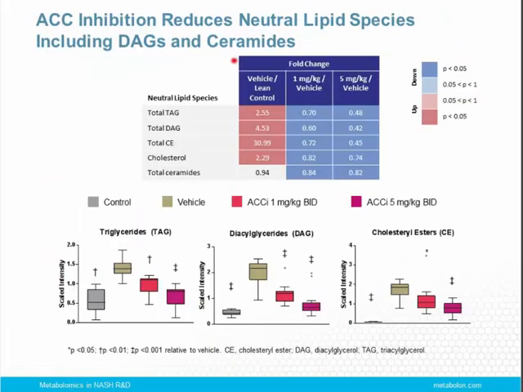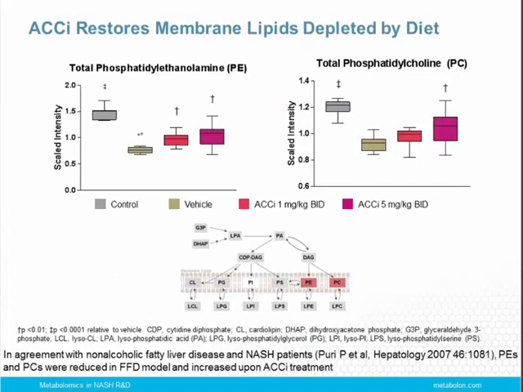And we wanted to know what was happening to the individual lipid species. And here you can see that total triglycerides are up in the vehicle-treated animals relative to the lean control, and then are significantly down with treatment. And this is also true for the DAGs and the cholesterol esters and total cholesterol and total ceramides. Interestingly, while all of these lipid species are depleting, there are some that are increasing.